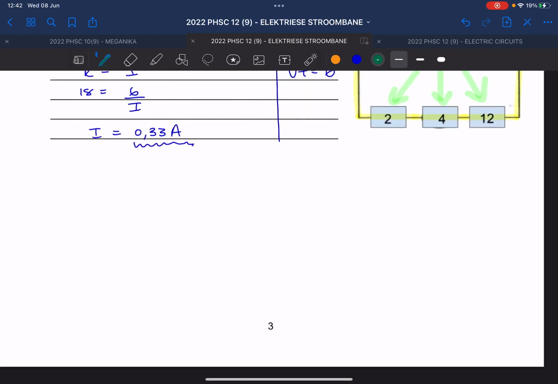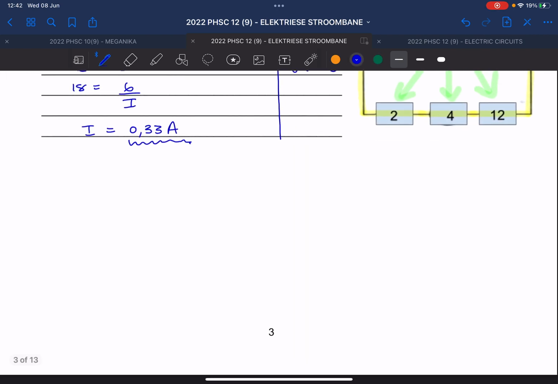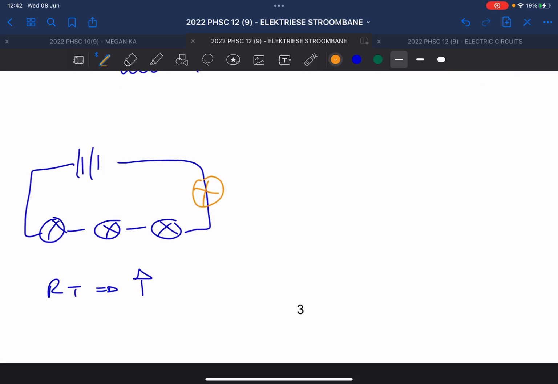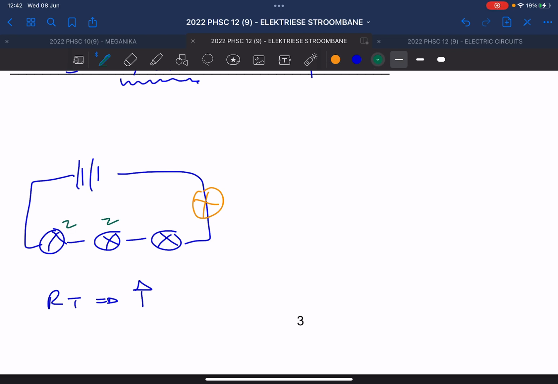So, let's say, right? So, from there, if we add another one in series, what's going to happen to the total resistance? It's going to increase, né? Because ons dink is obvious, maar kom ons maak net seker. 2 en 2 en 2 en 2.